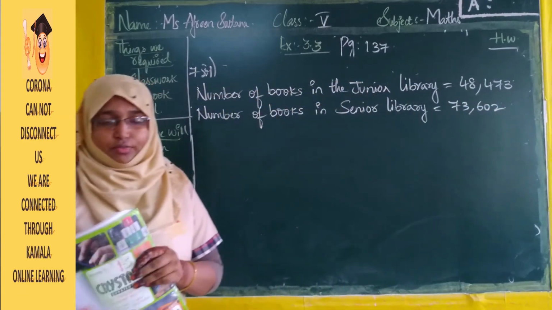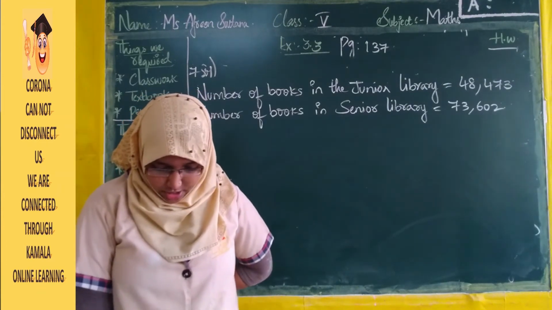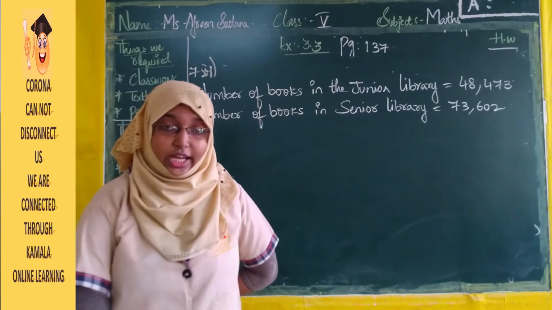So we have written what they have given: the number of books in the senior library and the number of books in the junior library. What is the total number of books in both the libraries?